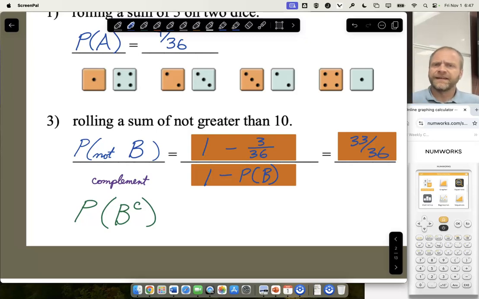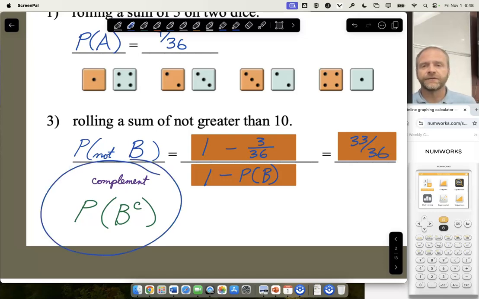So that takes the idea of a probability model in that all the sums have to add up to 1. And if event B has 3 outcomes out of the 36, not B has 33 outcomes out of the 36. The notation we're going to come back to a little bit later, but it is important to understand that B with the superscript of C means complement.